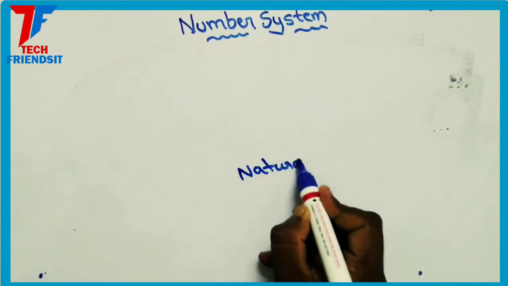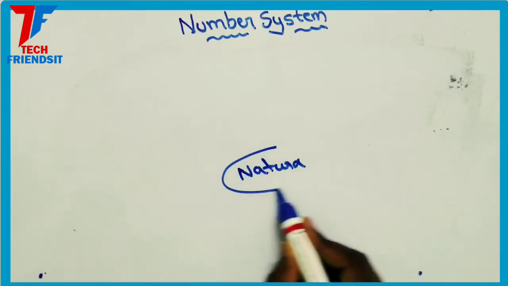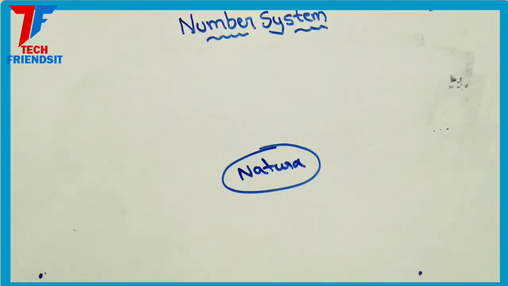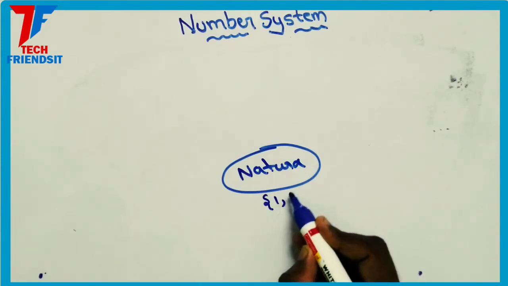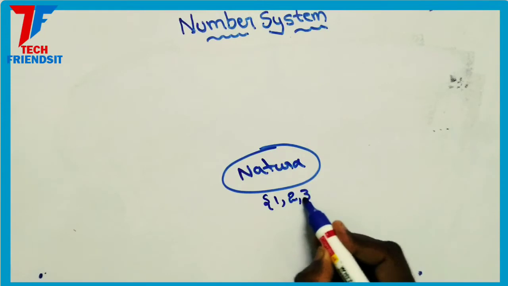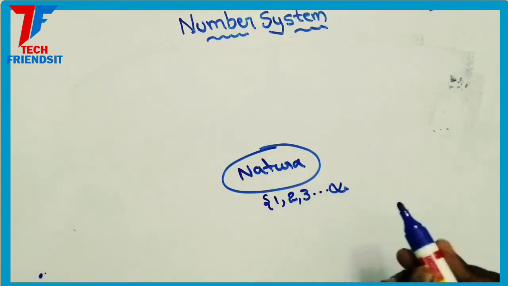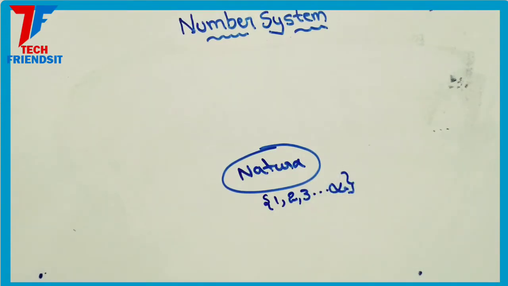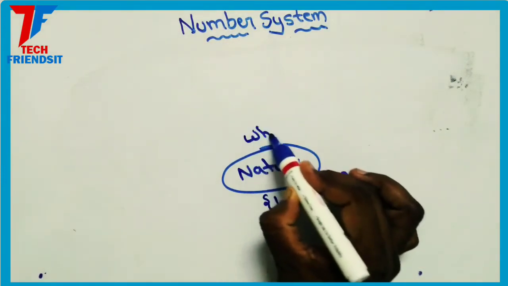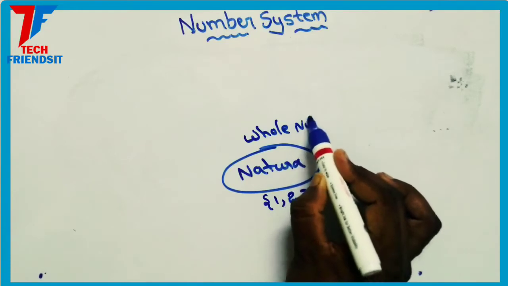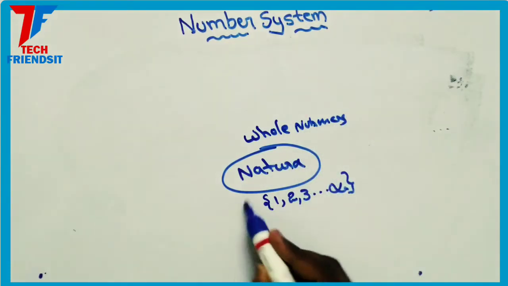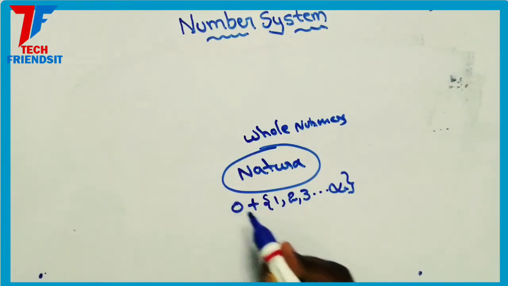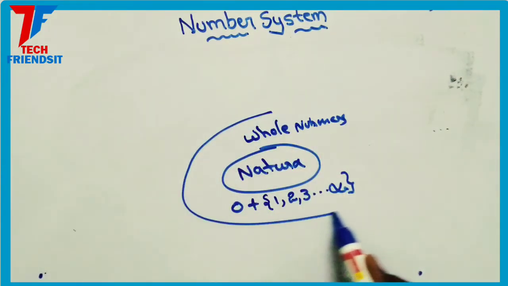Natural numbers, first place. For example, it will start from 1, 2, 3 and so on, infinity. Next, what will come? Whole numbers. Whole number means 0 plus natural numbers.